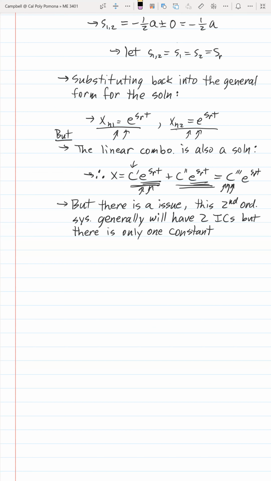Which of course is doing what? When we see this, we know, ooh, we got a problem. This is really indicating that this method that we're using of assuming the solution hasn't given us the complete solution. We're still missing another component associated with the solution that would then give us that second constant that we know we need to have.